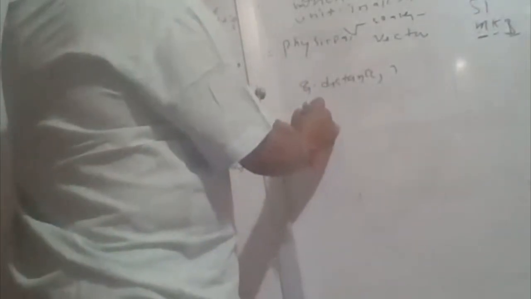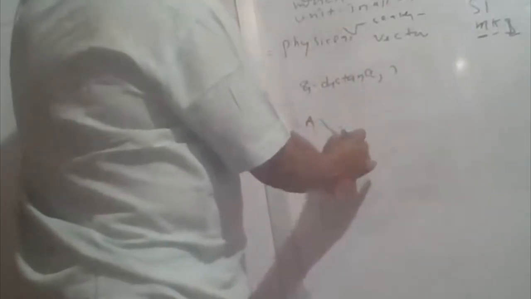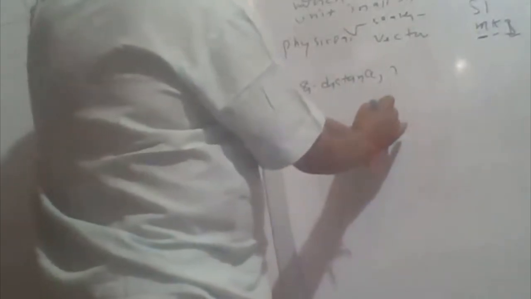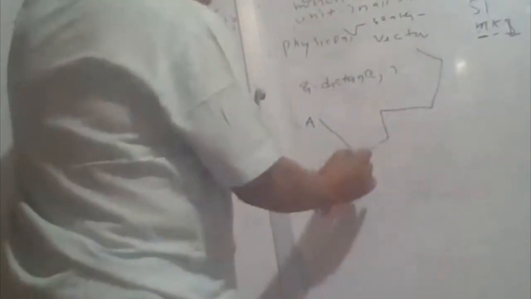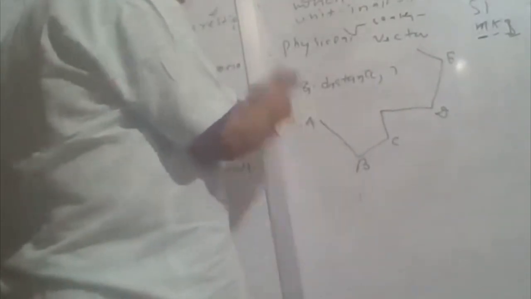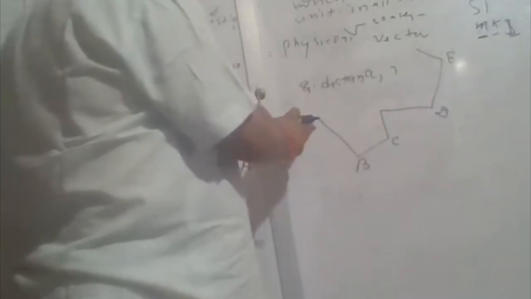Suppose a person moves from A to B, again goes up to C, again D, again E. The person is moving from A to B to C to D to E, but without a direction.